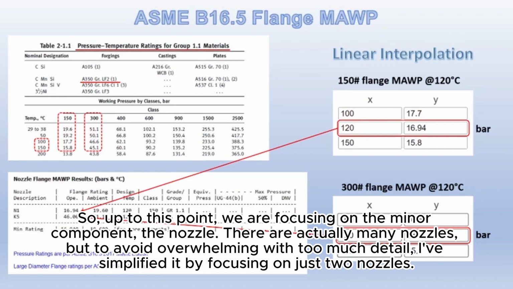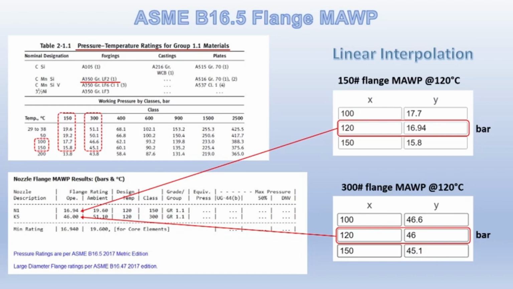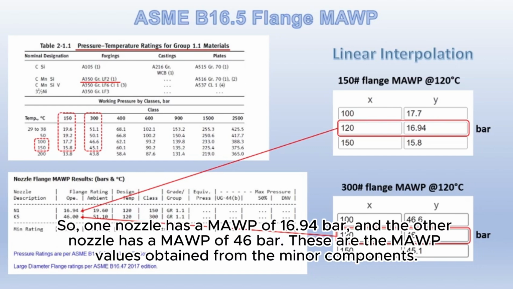There are actually many nozzles, but to avoid overwhelming with too much detail, I've simplified it by focusing on just two nozzles. So one nozzle has a MAWP of 16.9 bar, and the other nozzle has a MAWP of 46 bar. These are the MAWP values obtained from the minor components.